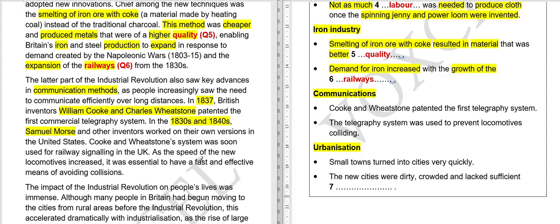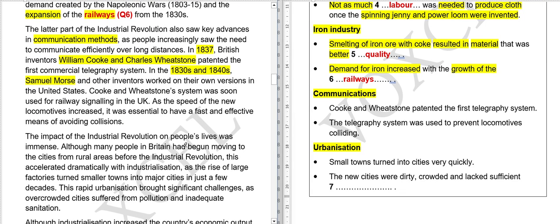And other inventors worked on their versions in the United States. Cook and Wheatstone's system was soon used for railway signaling in the UK. As the speed of the new locomotives increased, it was essential to have a fast and effective means of avoiding collisions. The impact of industrial revolutions on people's lives was immense. Although many people in Britain had begun moving to cities from rural areas before the industrial revolution, this accelerated dramatically with industrialization. So here people started moving from rural areas to cities.